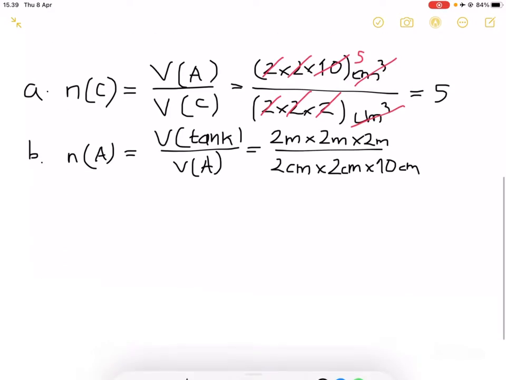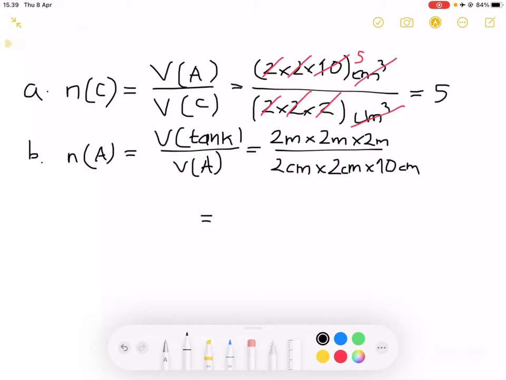Alright, now be careful, we can't really cancel them because notice that we have different units here. And that is typically not a problem because we can just convert each of these into centimeters. So each of these 2 meters will turn into 200 centimeters.